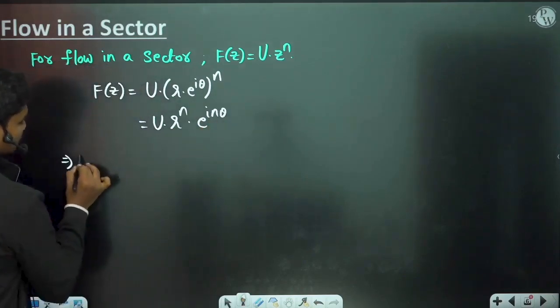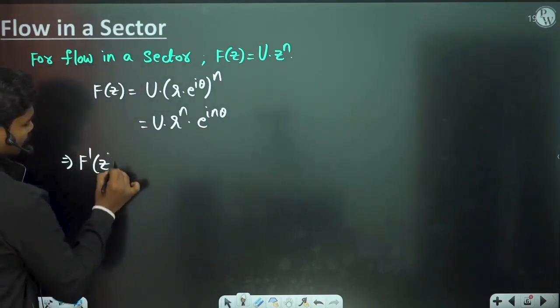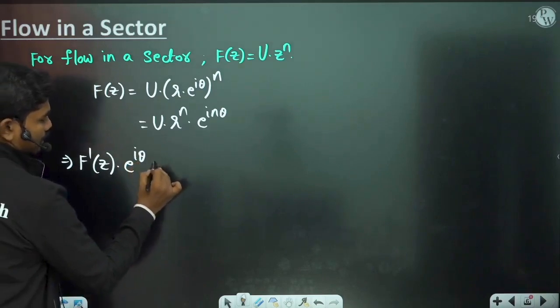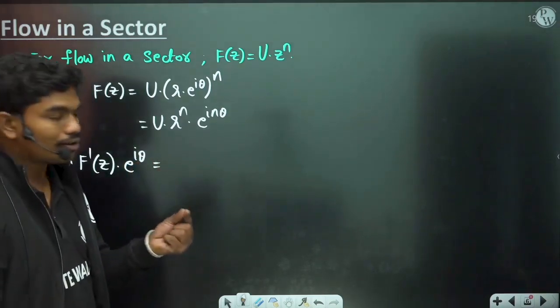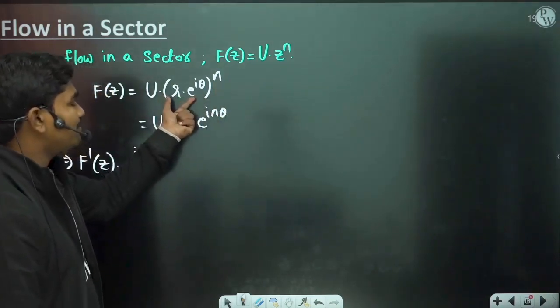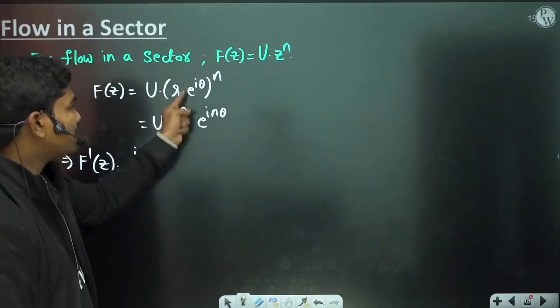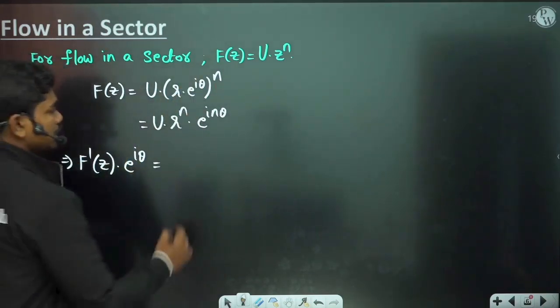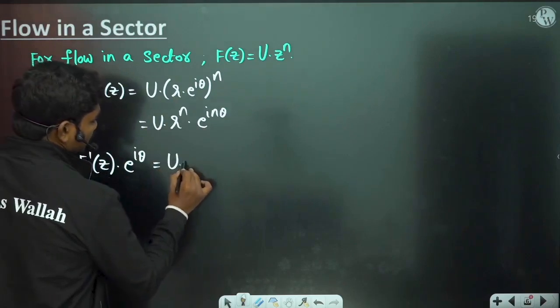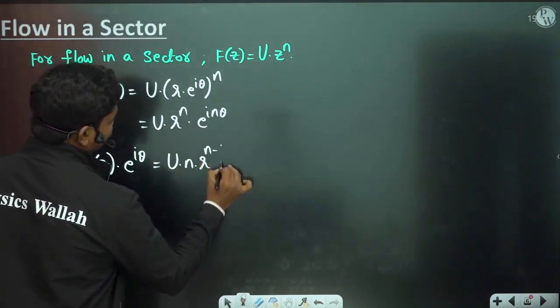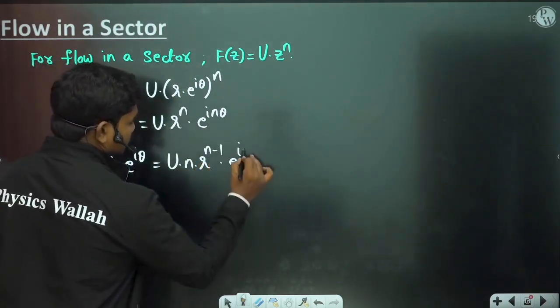If you differentiate this with respect to r, we have f dash of z into e power i theta, as in yesterday's case where I showed you dou z by dou r. Partially differentiating, we get u into n into r power n minus 1 into e power i times n theta.